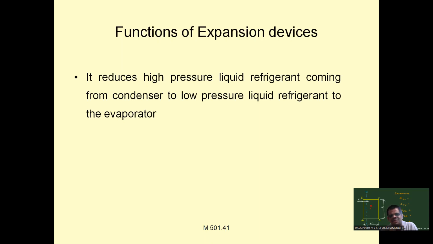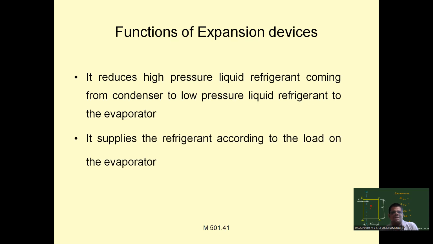Now, what are the functions of this expansion device? We know that it reduces the pressure of the liquid refrigerant which is coming out of the condenser. The refrigerant has high pressure in the condenser, and this pressure is reduced to low pressure in this expansion device, and this low pressure liquid refrigerant is sent to the evaporator.